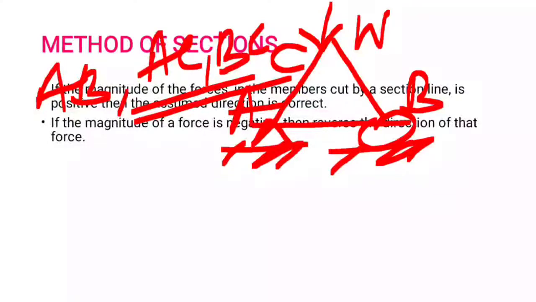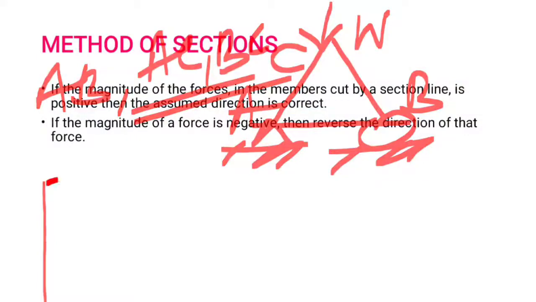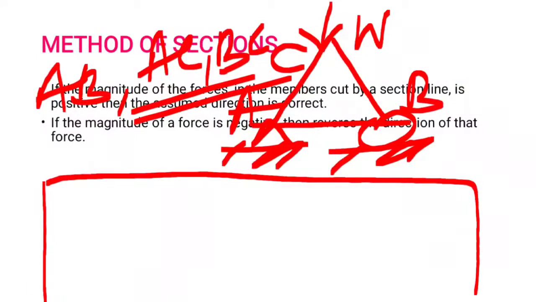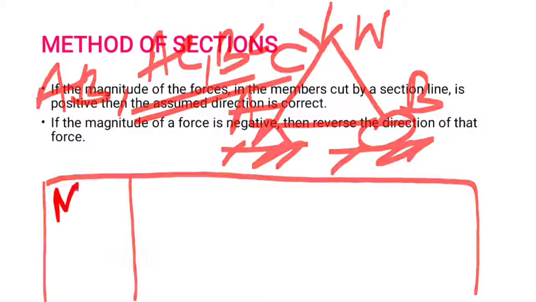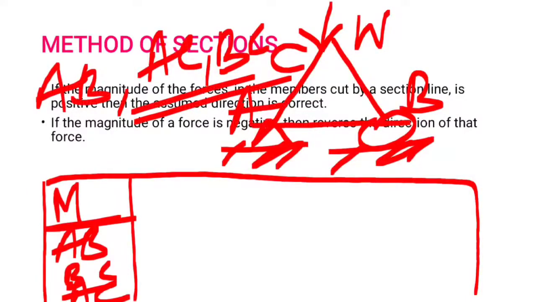After determining the member forces, for calculating the stresses, please draw a tabular column like this. In the tabular column, first we write the members, that is AB, BC, AC or CA. Anyhow, first we write the members.